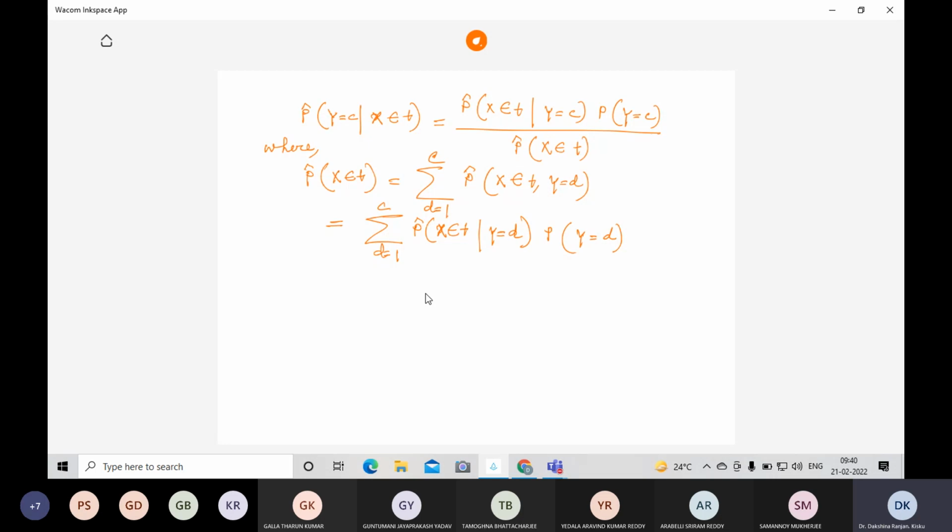This is the posterior probability of the data that belongs to class C given the data that enters leaf node T. This is our classification decision. So we estimate the posterior probability, and this posterior probability gives us the classification decision.